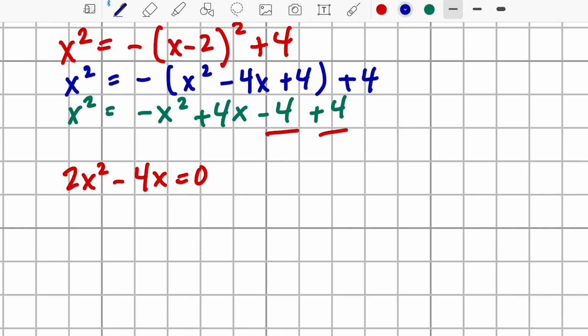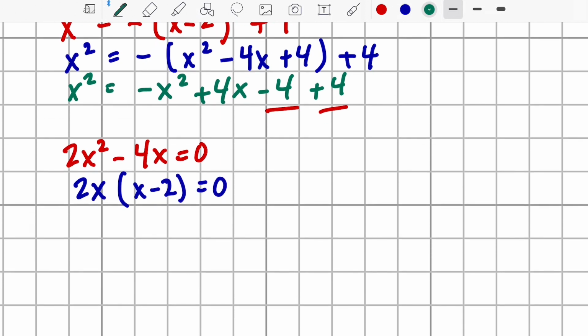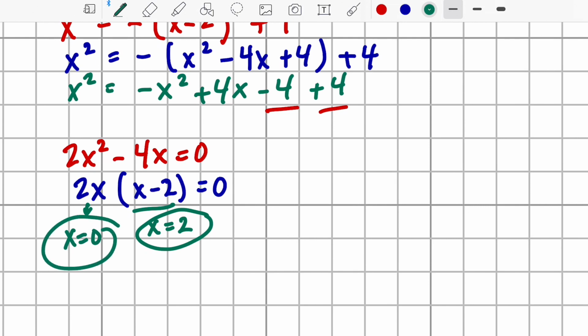So let's factor out the common factor, which is 2x. That leaves me with x minus 2 equals 0. So solving for x will give me x equals 2. And for this one, it's just x equals 0. So the points of intersection are x equals 0, x equals 2.